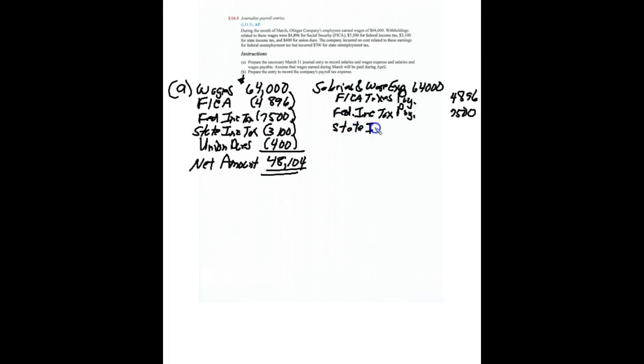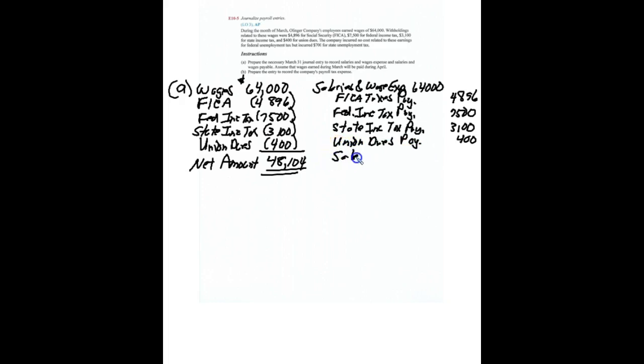So we just create liabilities for all these until we actually make payment to these different places. And then union dues payable. Again, I'm just abbreviating payable as PAY. And then the net amount, eventually we will credit cash, but we'll put this into payable first, and then we'll turn around and pay it.